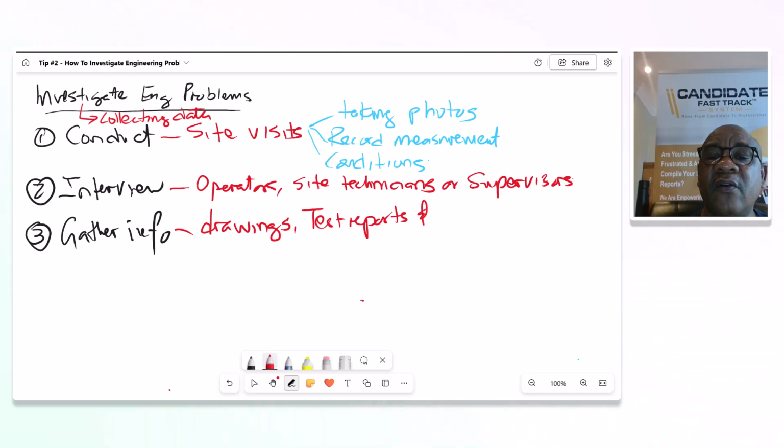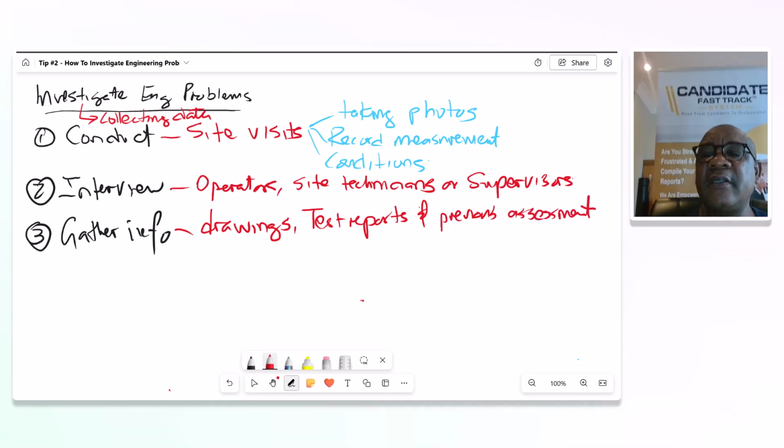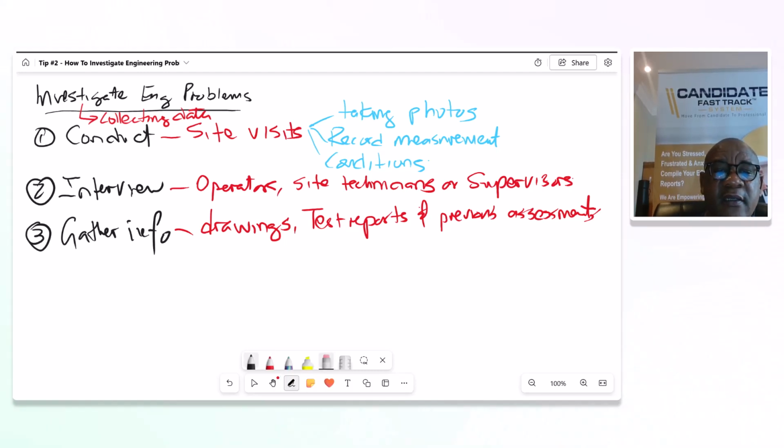And then also previous assessments. This is part of you collecting data, part of you investigating. So these are the pointers that you need to consider when you are doing your site investigation over a particular problem.